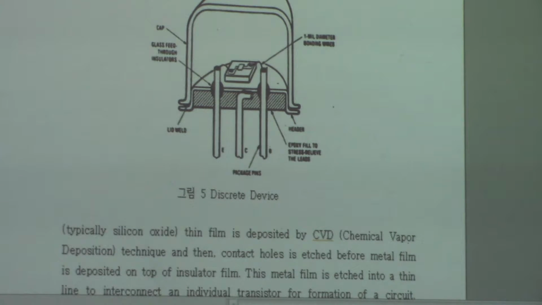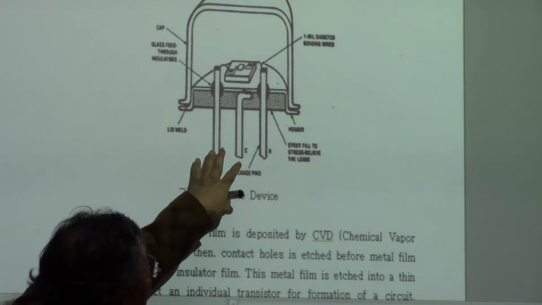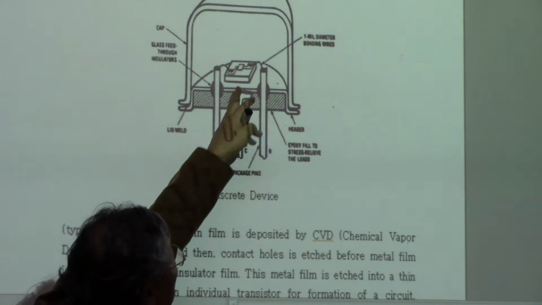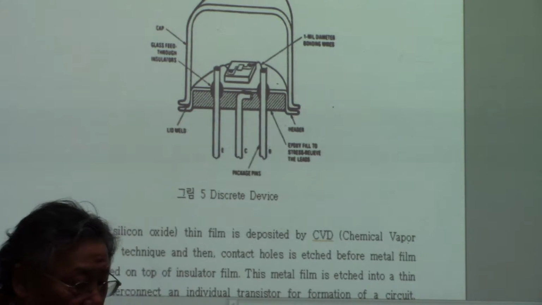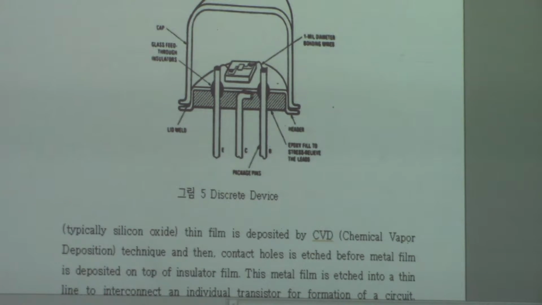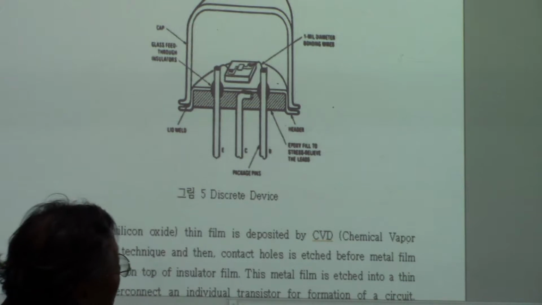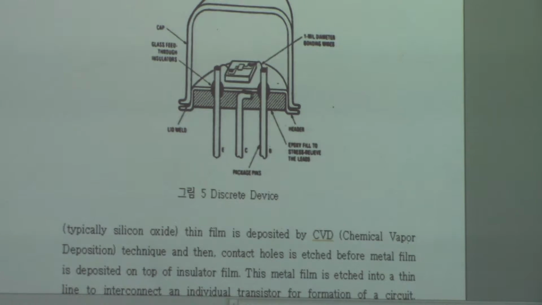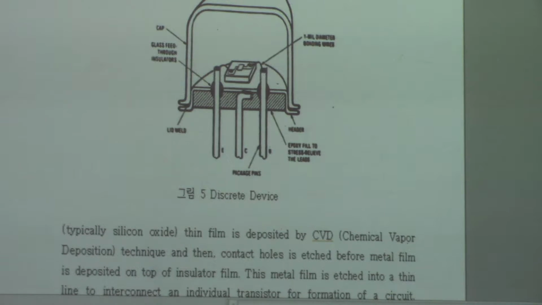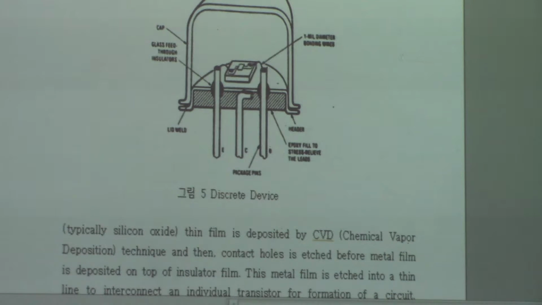But people found a way to make connections of these tiny transistors, discrete devices. Then we began to have the microelectronic circuit era. Okay, so let's see.